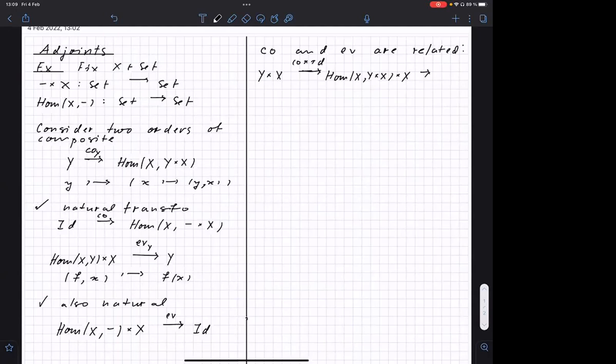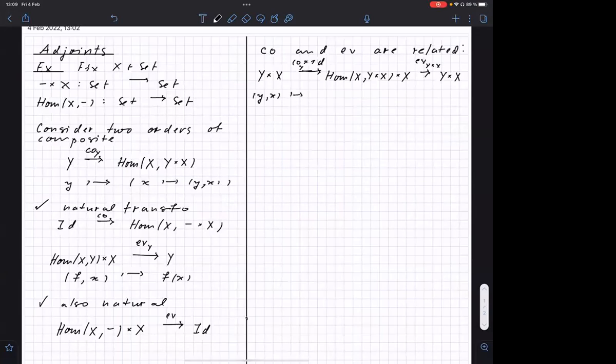I can evaluate. I can evaluate on what? So this was co on Y. And here I can evaluate on Y cross X. And that will give me a point in Y cross X. And if we follow this through, I have little y, little x.